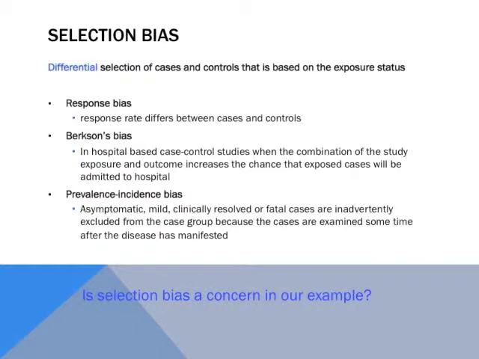Is selection bias a concern in our example? In this population-based case-control study, we might be concerned about differential response rates. We see in the results that the overall response rates to completing the questionnaire were 77 and 75% for colon and rectal cases, respectively, and 72% for the controls. So it doesn't appear that selection bias was a concern regarding the questionnaire.